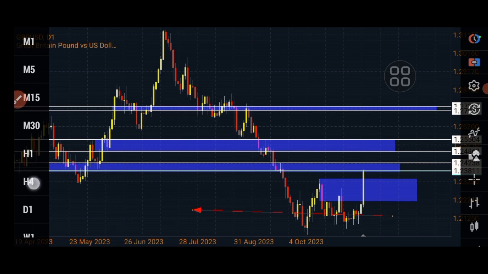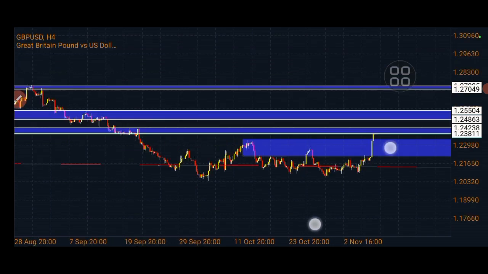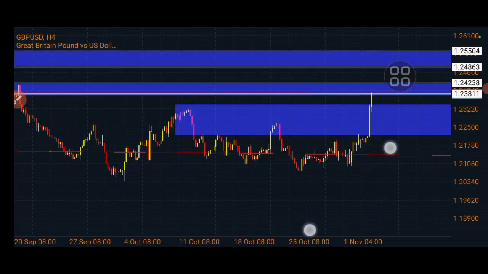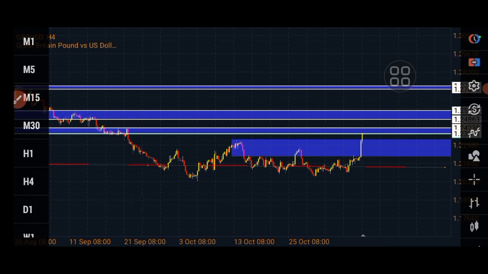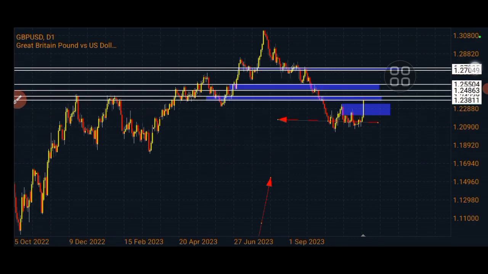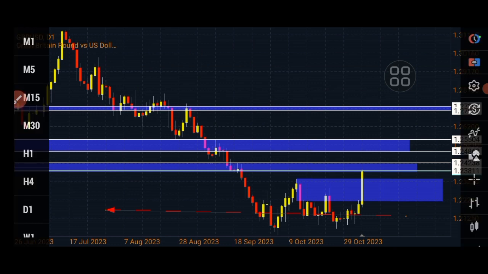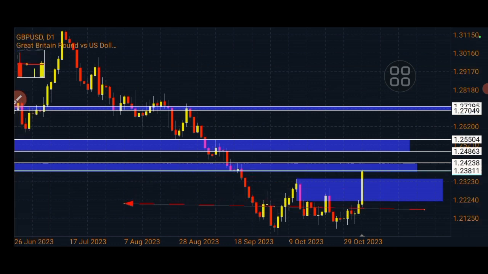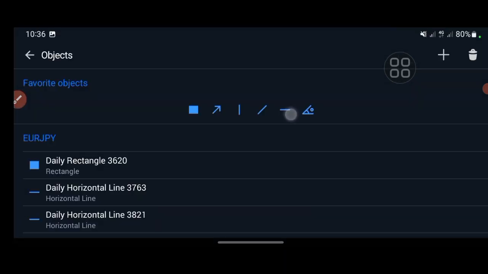Let me go to H4 so that I can see it clearly and see whether the setup order is weak or strong. The setup is not a two short T zones. But we have daily at least. Let me mark the daily first with white.